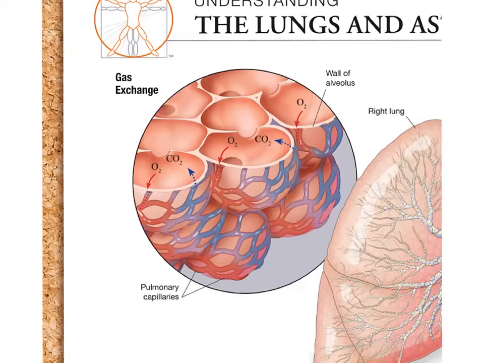Here you see a cross-section cutaway, kind of a zoomed-in view of pulmonary capillaries surrounding the alveoli. And each alveolus is surrounded by multiple capillaries. The key thing to know here is that this interface is only a cell or two thick.